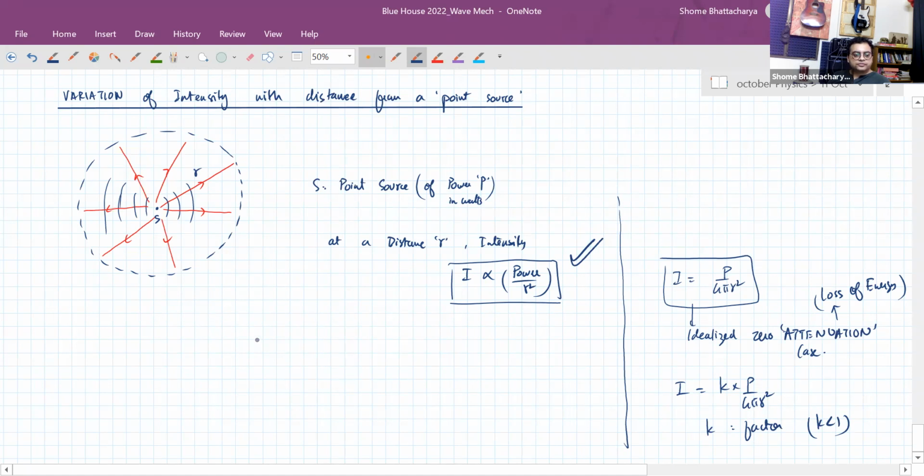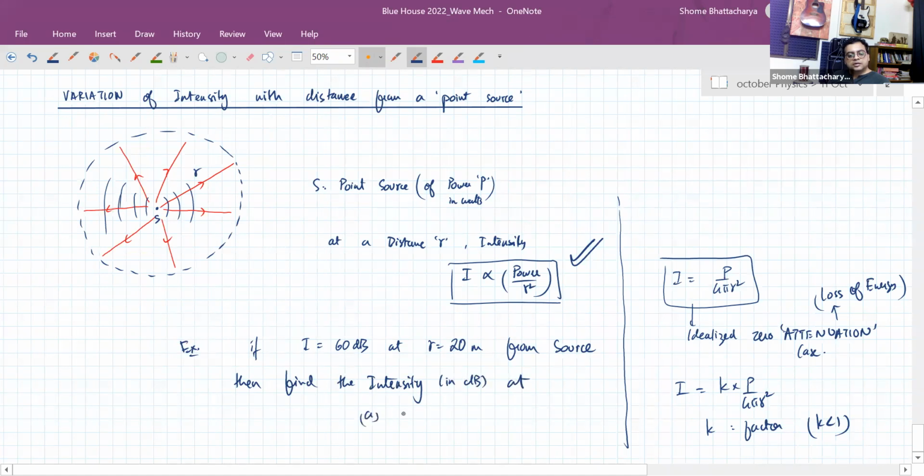distance. So for example, if we say that the intensity of sound coming from a source is equal to 60 decibels at a distance of 20 meters from the source, then find the intensity in decibels at a distance of 40 meters or at a distance of 10 meters.